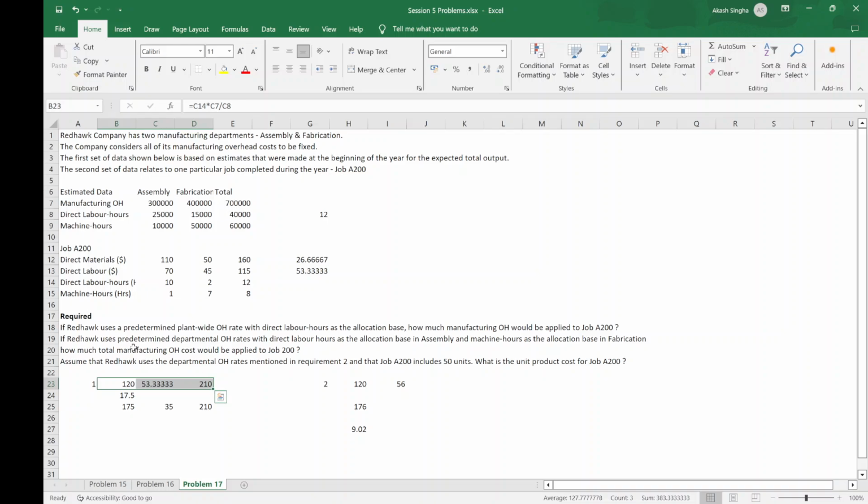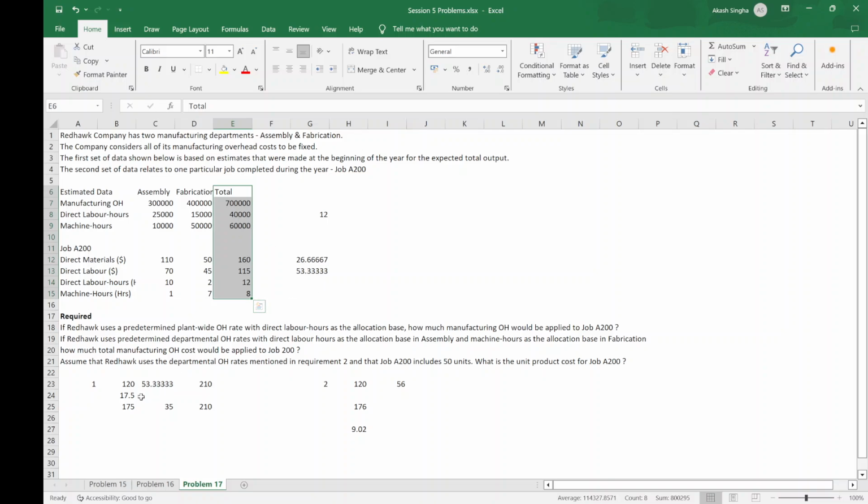If Red Hawk uses predetermined departmental overhead rates with direct labor hours as the allocation base in assembly and machine hours for allocation in fabrication. Oh, okay, it's total, it's not the third one. Sorry.